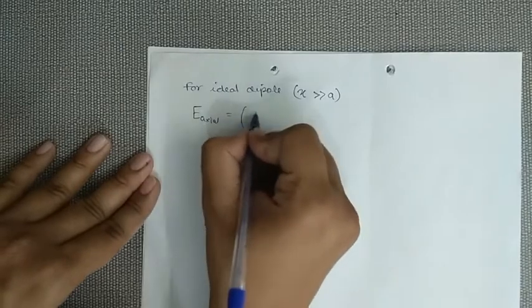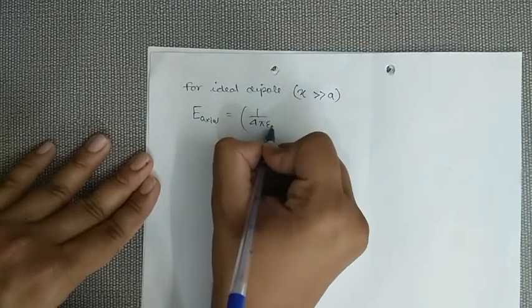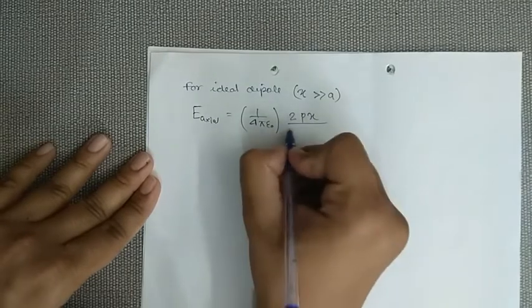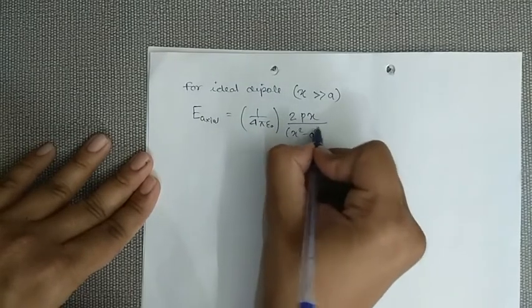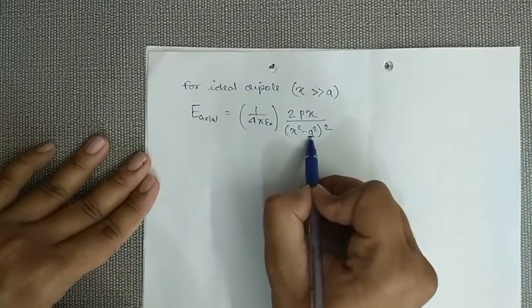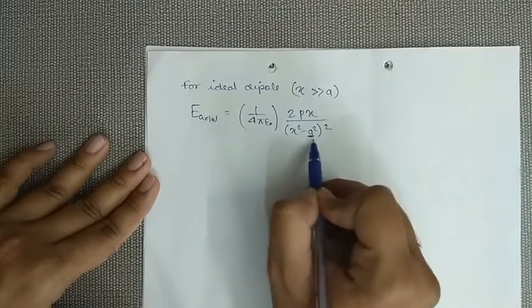The formula was 1 upon 4 pi epsilon naught times 2px upon (x square minus a square) whole square. In this formula we have to neglect the value of a because x is very large compared to a.